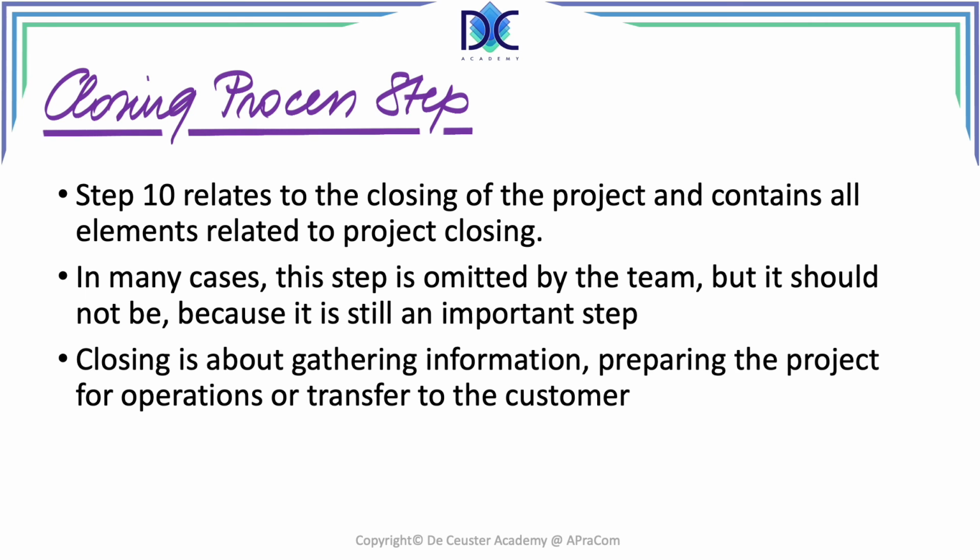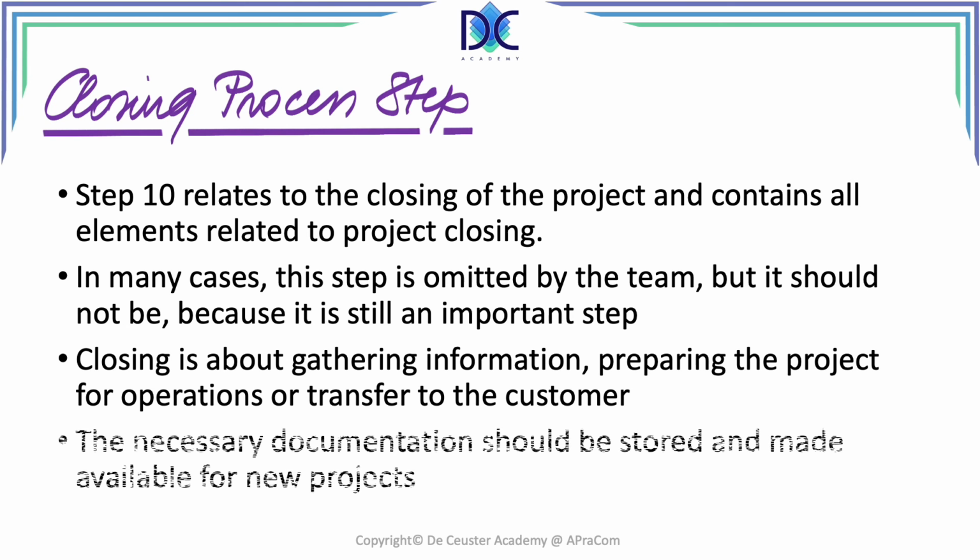It doesn't give the necessary details about the machine itself. There is all necessary documentation, and of course that documentation should be made available for new projects. We're talking also about lessons learned, about evaluating the project and things like that. Closing is very important. We will see there are other things that are going to happen, like closing the contracts and things like that, but that will be for the next course when we go more in detail about these things.